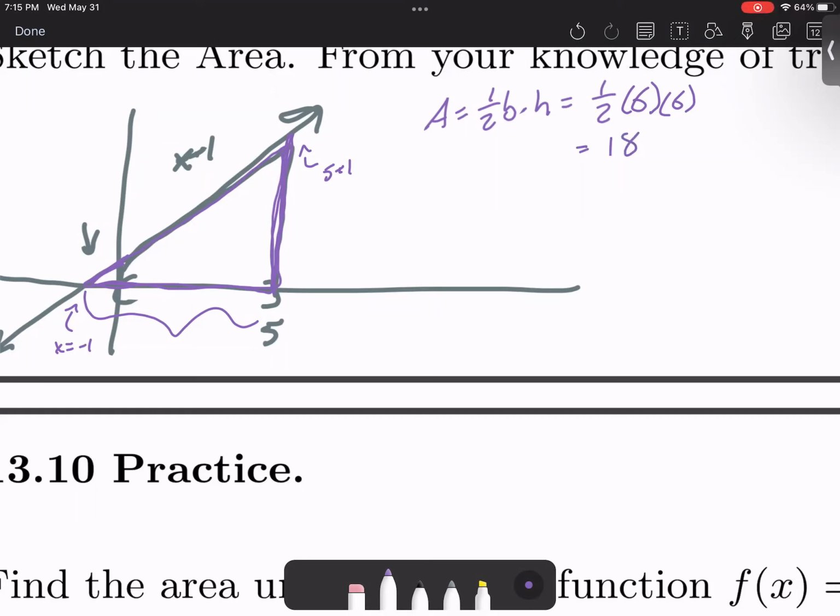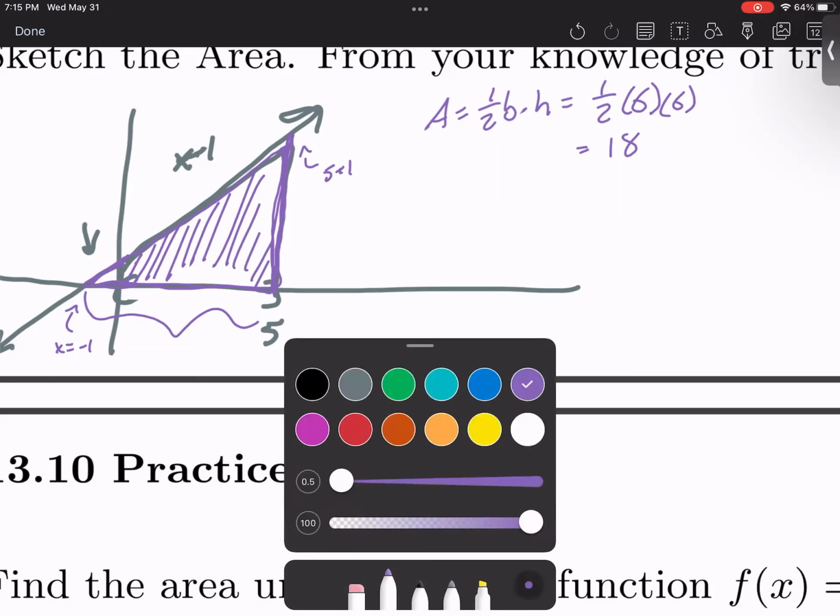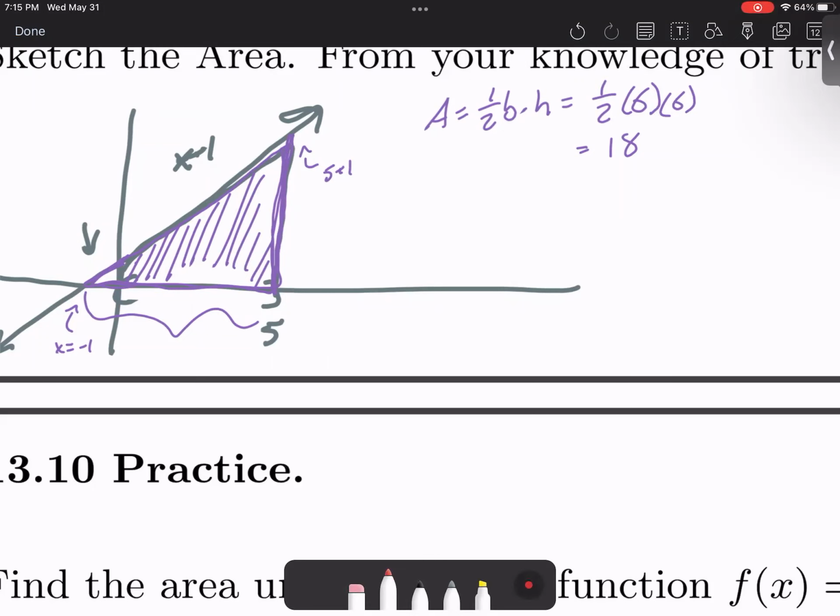All right, but I don't want all of that area. I just want the area from 0 to 5. Right, I need to cut off this little triangle tip. So I need to subtract the area of that triangle, 1/2 base times height. The base is 1.